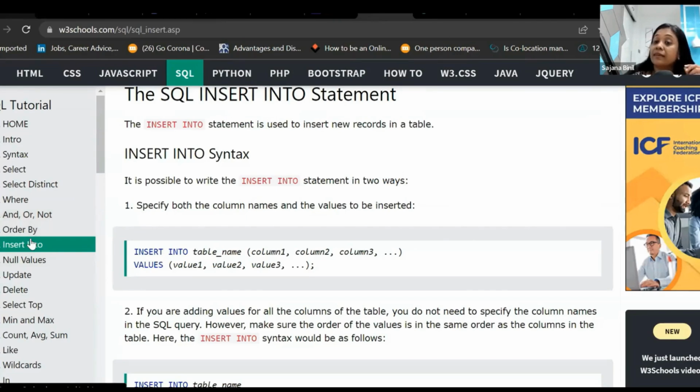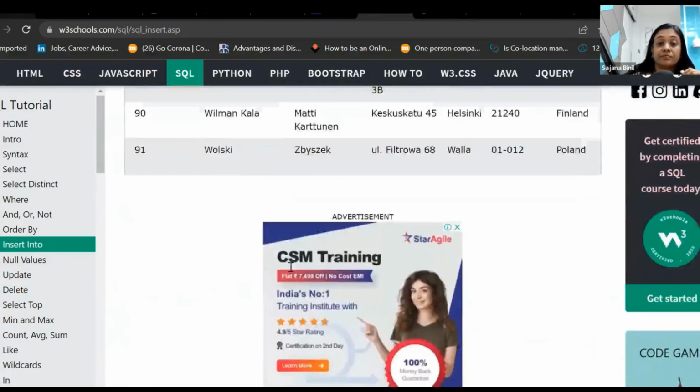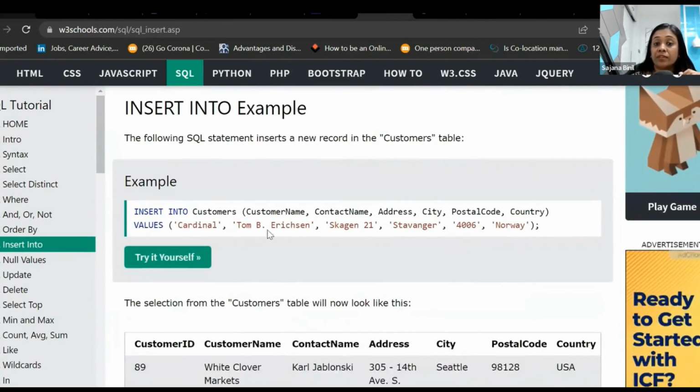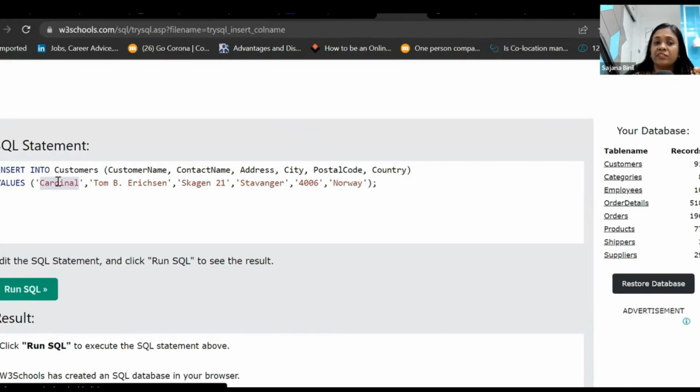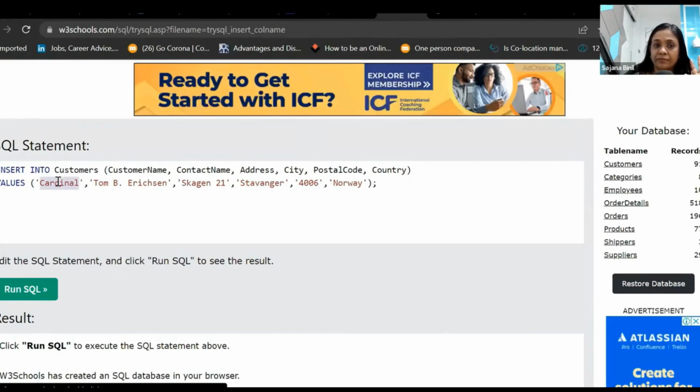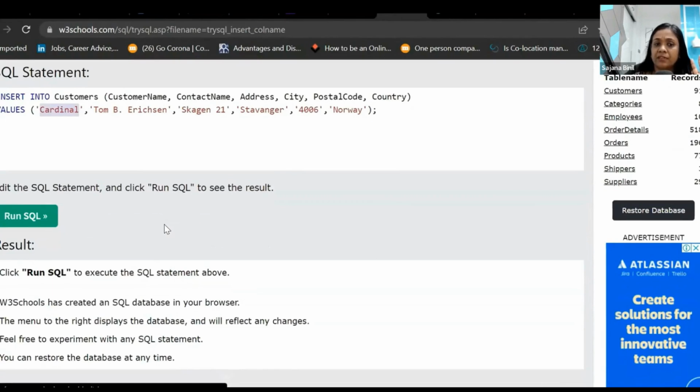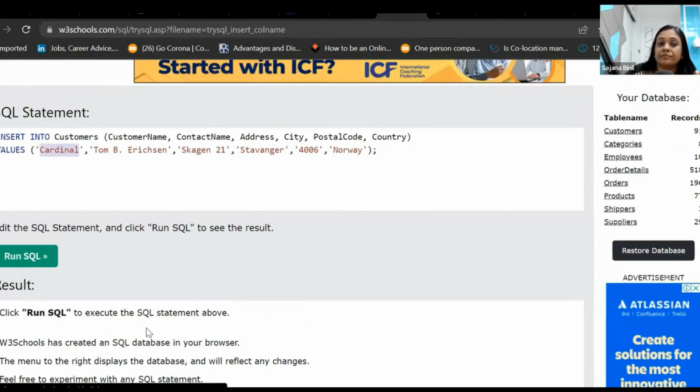Insert into is again a syntax that you'll have to practice a lot. They have given you the exact syntax of how to insert data into a database. You can change these values to whatever values you want to add and run the SQL query. It will give you a message, record created successfully.